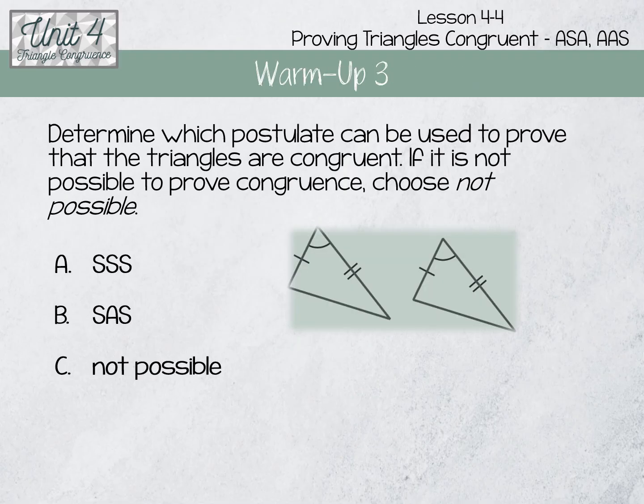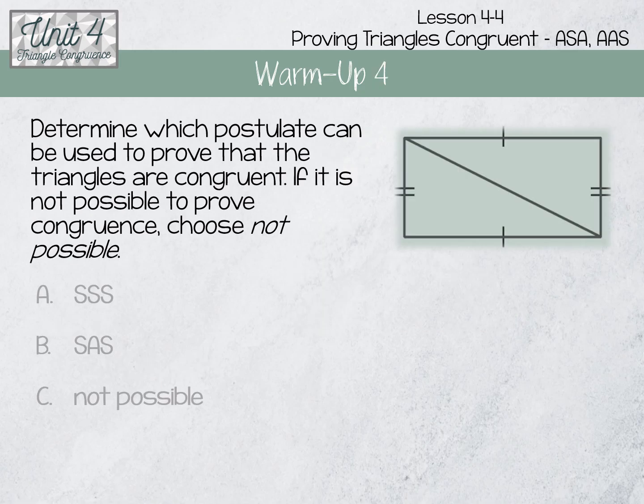Warm up number 3. Determine which postulate can be used to prove that the triangles are congruent. If it's not possible to prove congruence, choose not possible. That definitely looks like SAS. Warm up number 4. Same directions.